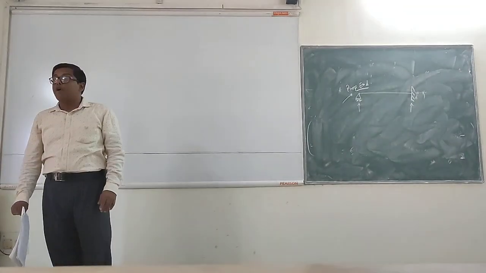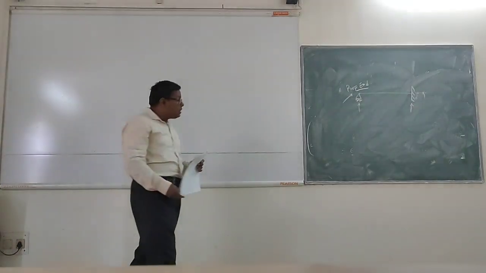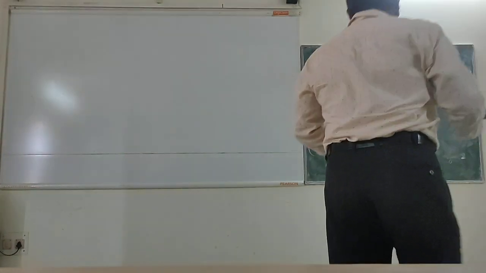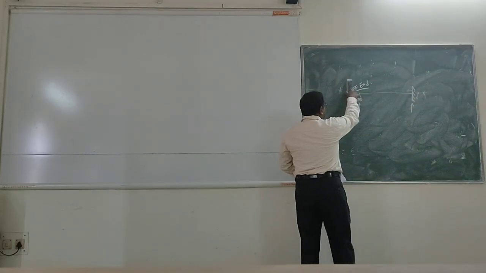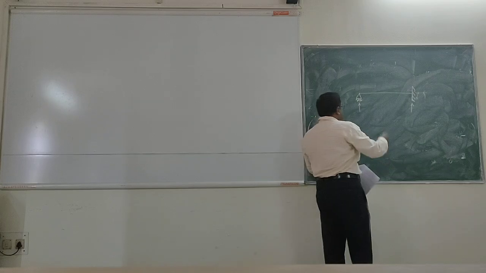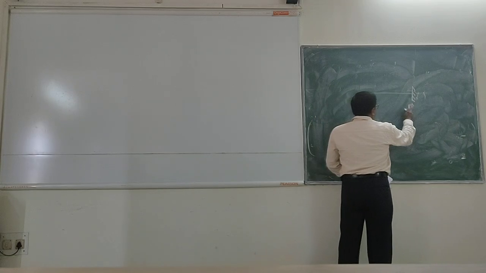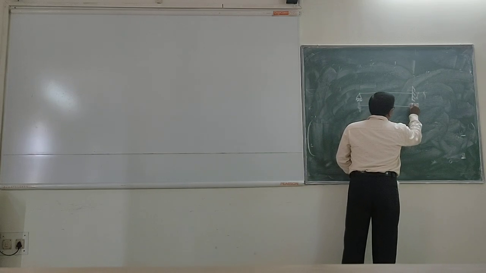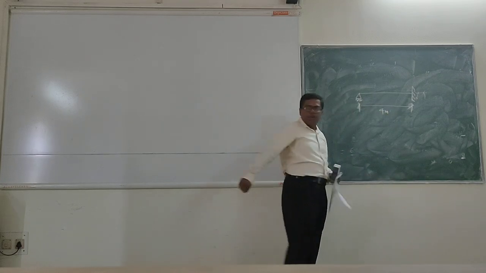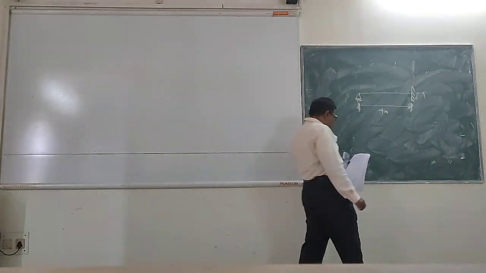So the problem here is, for this cantilever beam, let us say this beam is loaded with a typical loading, as I have told you, a uniformly distributed load. Let's say this beam is 4 meter long, so the total beam length is 4 meter.